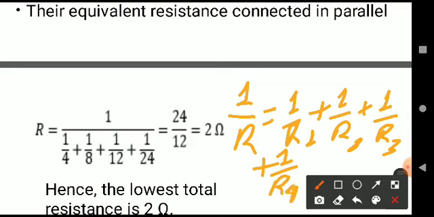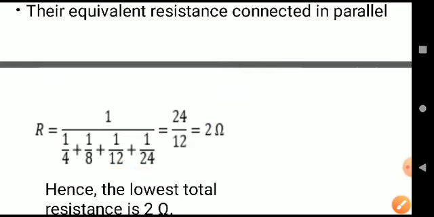Just rearranging, we get the value of R equals 1 divided by 1 by R1 plus 1 by R2 plus 1 by R3 plus 1 by R4. And the value obtained is 2 ohm. So the lowest value of total resistance that can be obtained from this combination is 2 ohm, right?